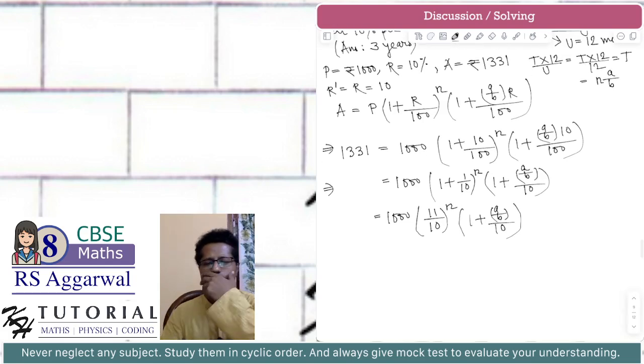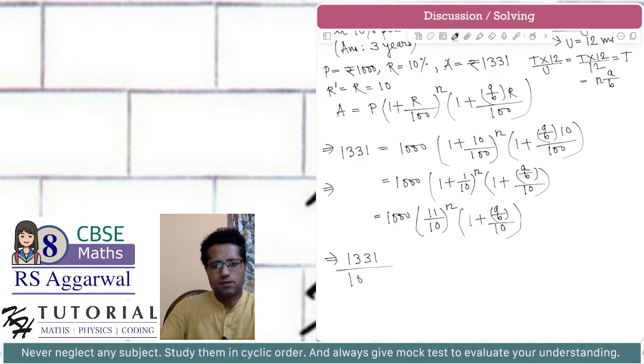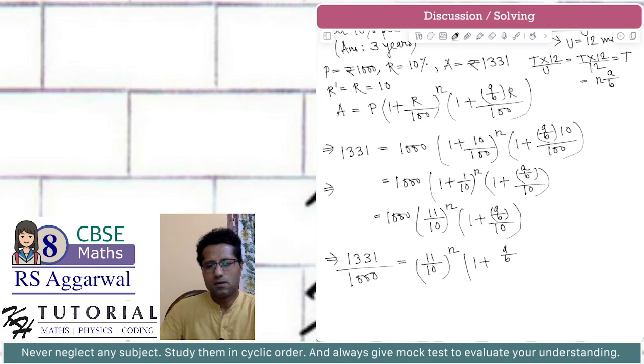Now this implies 1331 divided by 1000 is equal to 11 by 10 to the power n, and 1 plus a by b by 10.